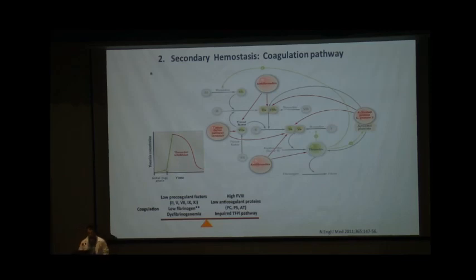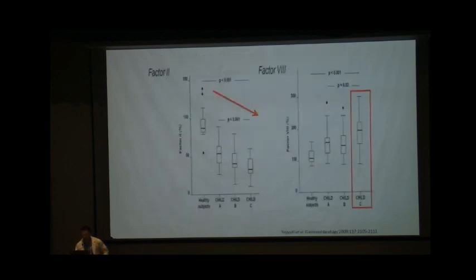Coming on to secondary hemostasis, low procoagulant factors, low fibrinogen, and dysfibrinogenemia predispose to bleeding. However, they are compensated by a high factor VIII, low anticoagulant proteins, and an impaired thrombin-activatable fibrinolysis inhibitor and plasminogen inhibitor pathway. These are the changes which take place in secondary hemostasis. Factor II is decreased.